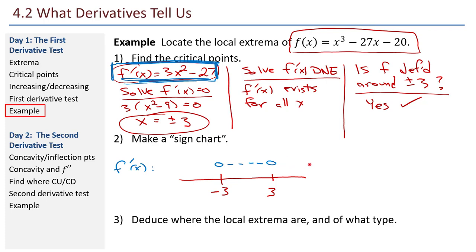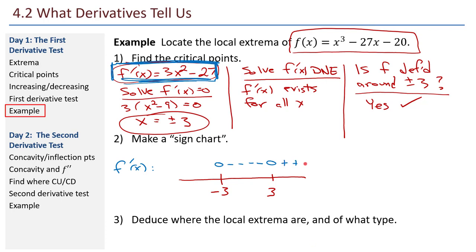How about to the right of 3? What if I plug in a number bigger than 3 into my first derivative? Say 5. So if I plug 5 in there, 3 times 5 squared minus 27, well, that's positive. Or if I throw 1,000 in there, 3 times 1,000 squared minus 27, definitely positive.